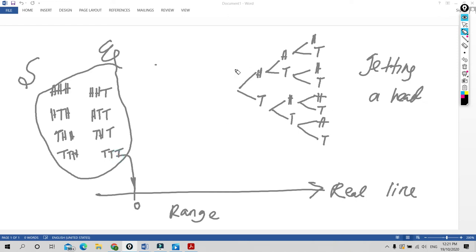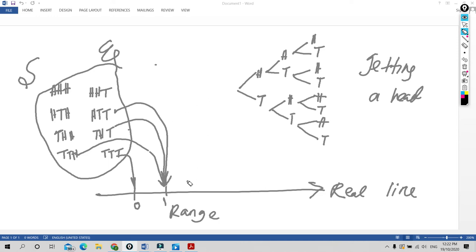And then you have one head. So where is one head? This one is one head, and this is also one head, and this also one head. Okay, one head.